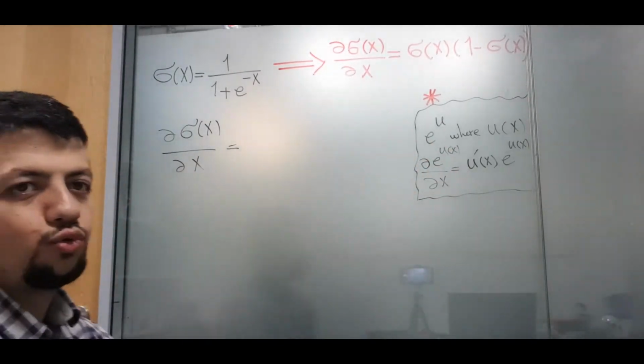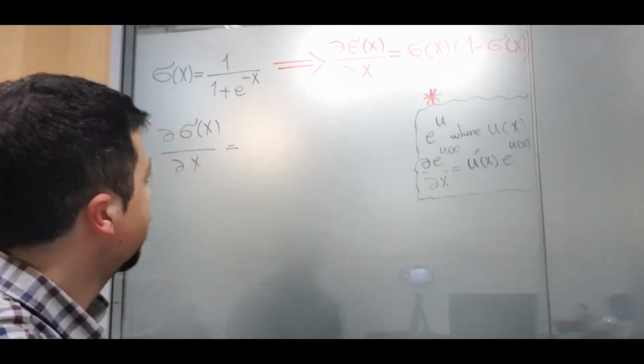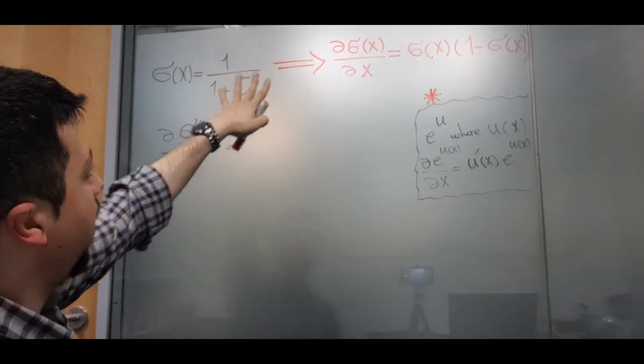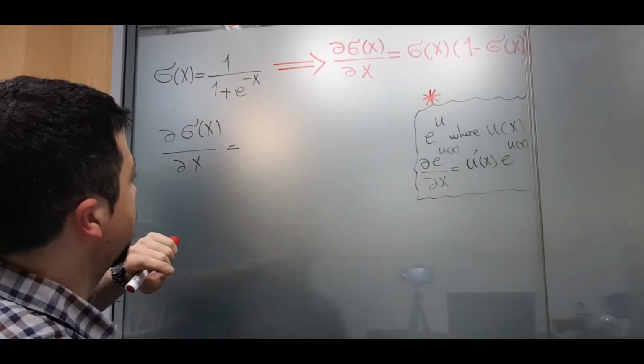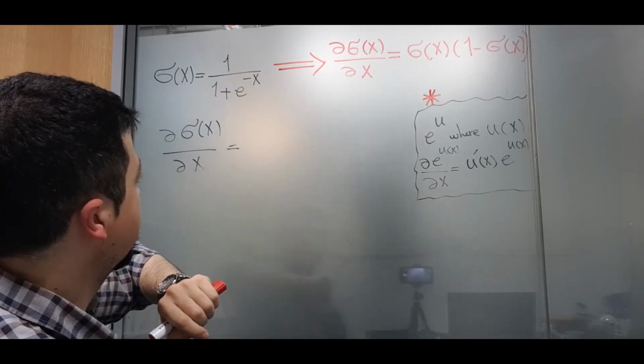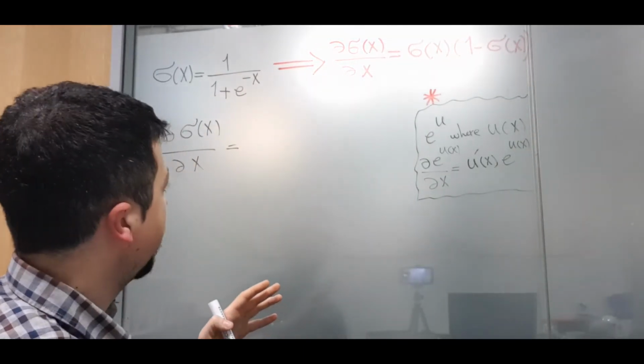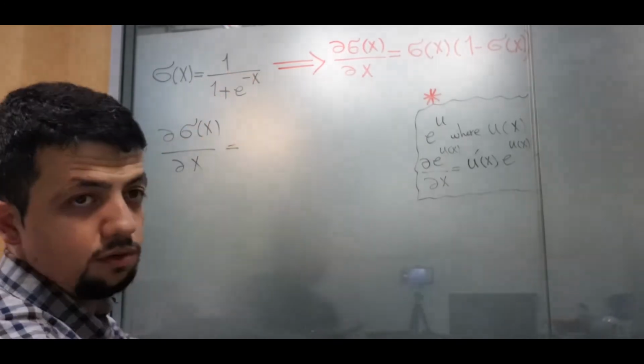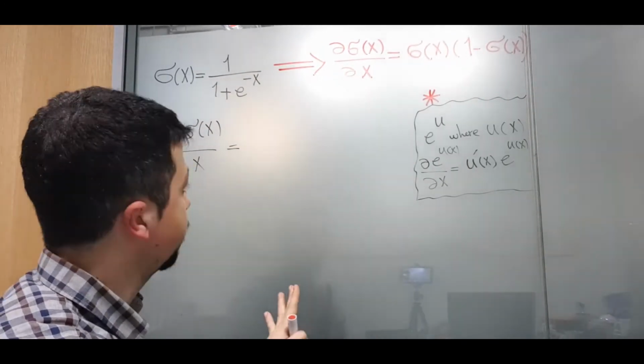So, back to our sigmoid. I'm going to take the derivative of this with respect to x. The partial derivative of the numerator with respect to x is 0, multiplied by the entire denominator, so it's zeroed out.